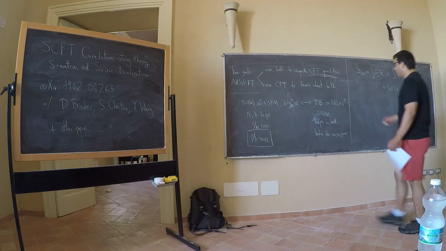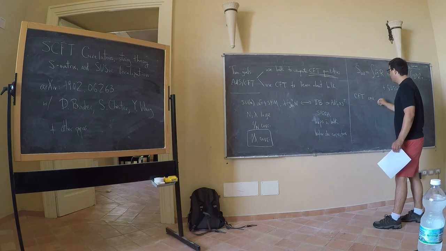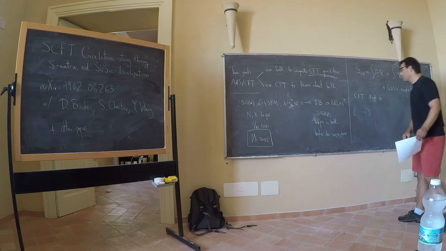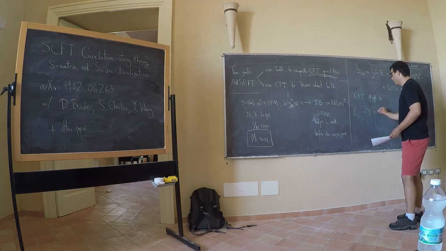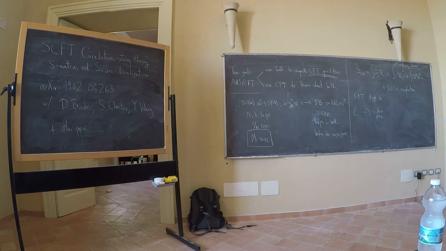So what does a CFT correlator look like? Let's just do 4-point functions. Whatever operator we want to look at, there's a disconnected piece, which I'll normalize so that it doesn't scale with N or lambda.